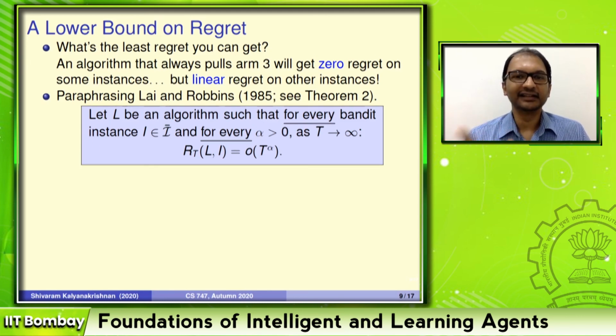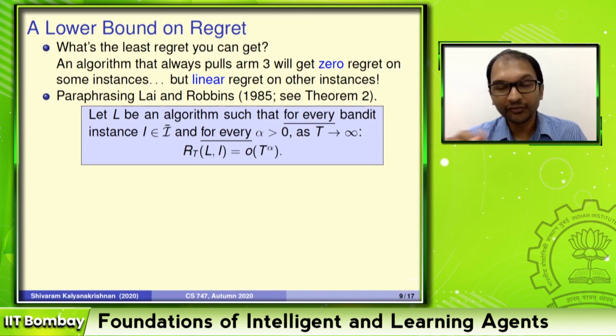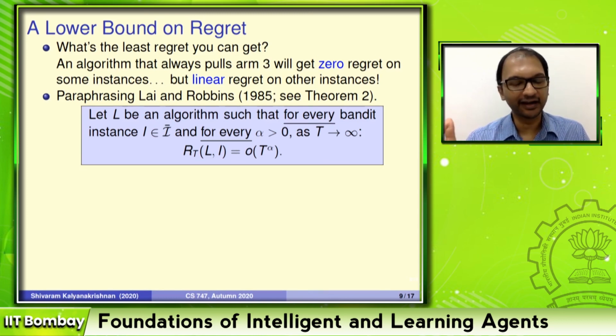For every alpha greater than 0, as the horizon T goes to infinity, this algorithm has the property that the regret at horizon T of L, this algorithm on instance I, is little o of T to the alpha. Little o of T to the alpha means if you do regret divided by T to the alpha and take the limit of T going to infinity, that goes to 0. This is the notation used in algorithms.